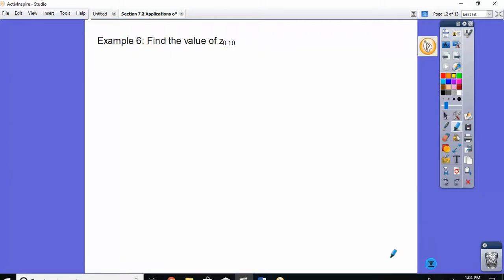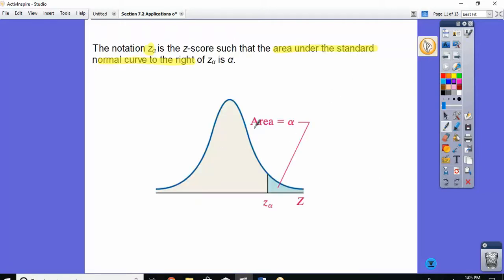I want to find the value of Z sub 0.10. There are two ways of doing this. In this notation, alpha represents the area.